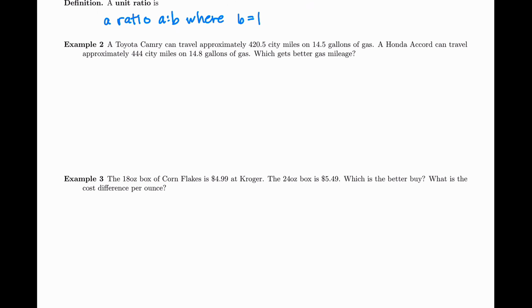A Toyota Camry can travel approximately 420.5 city miles using 14.5 gallons of gas. A Honda Accord, a kind of similar car, can travel approximately 444 city miles on 14.8 gallons of gas. Which gets the better gas mileage? We will use unit ratios to compare.